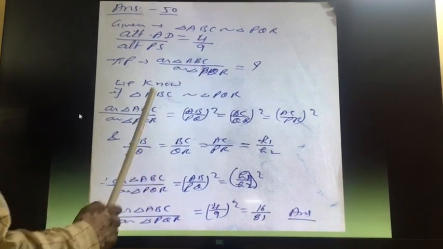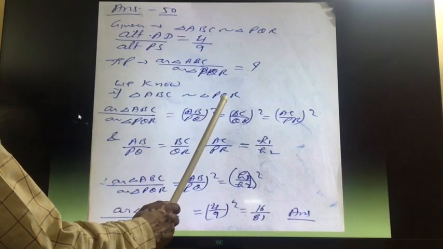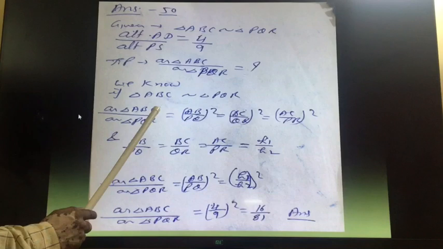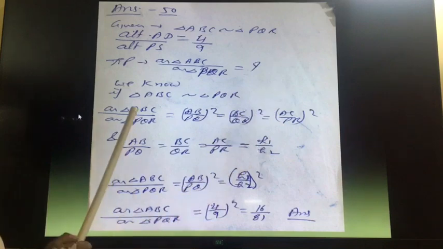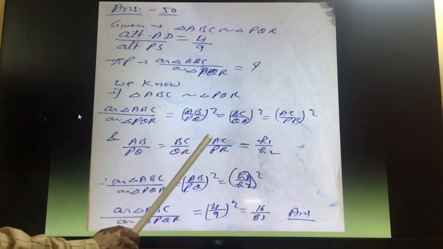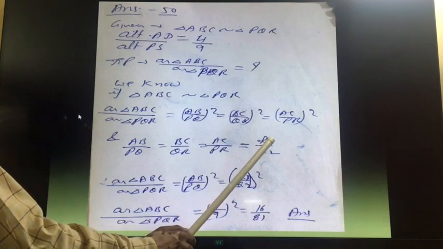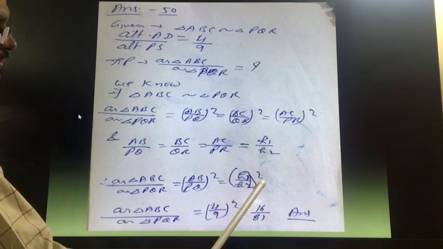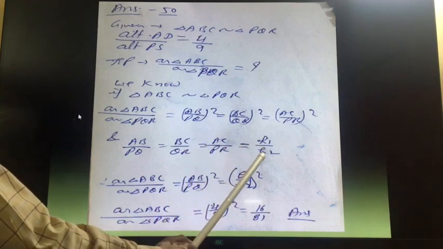If triangle ABC and triangle PQR are similar, the ratio of the areas is equal to the ratio of the squares of their corresponding sides. We can also prove that the ratio of the corresponding sides is equal to the ratio of their altitudes, or we can use this formula directly. Ratio of the areas is equal to the ratio of the squares of their corresponding altitudes, right? We can prove this by taking two triangles and drawing altitudes.